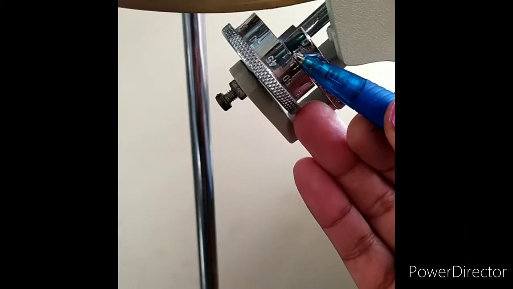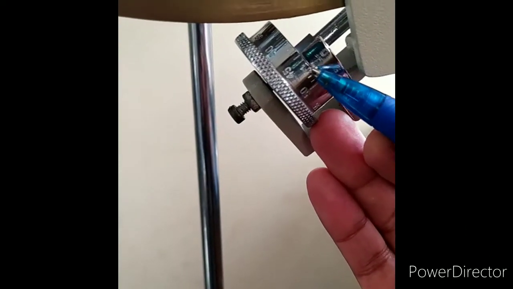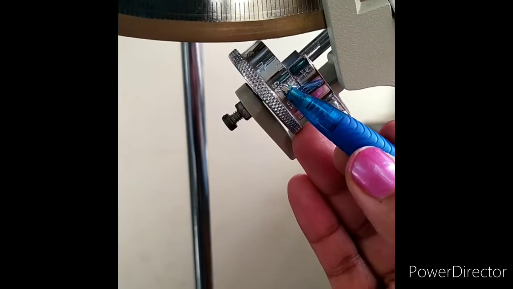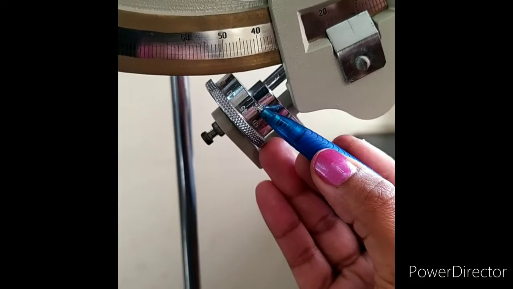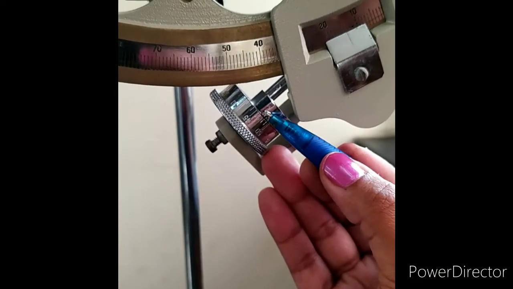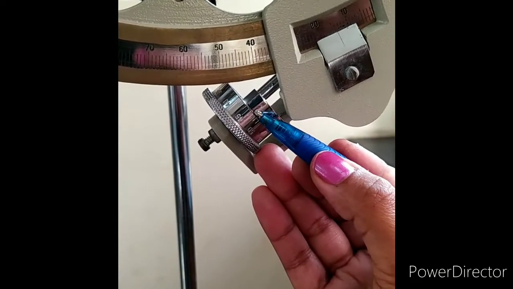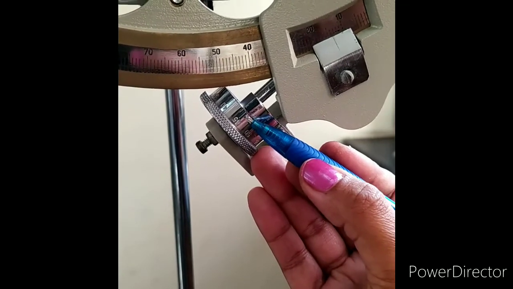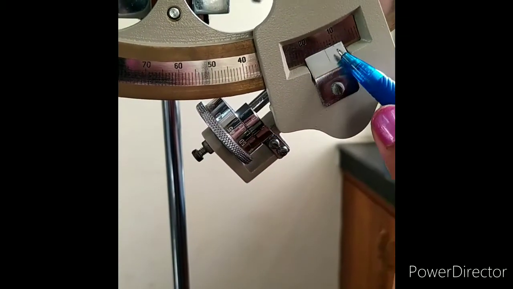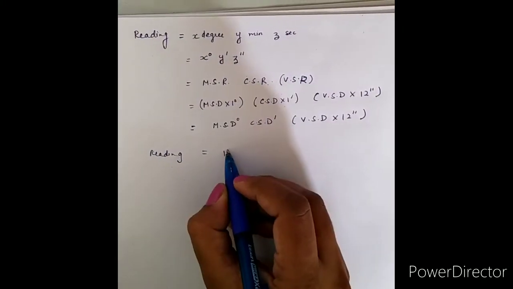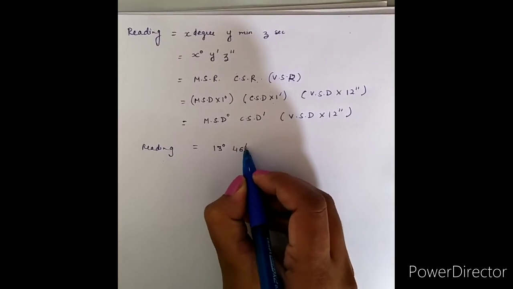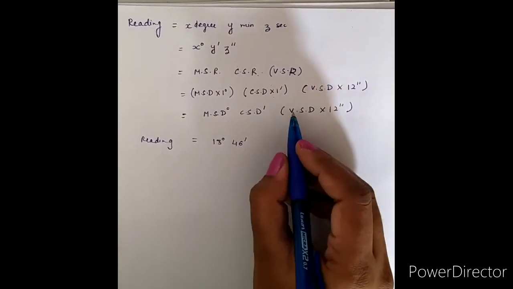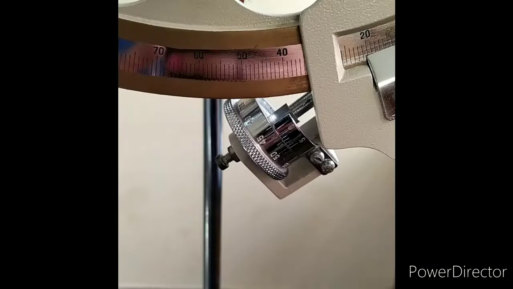The 0 of the vernier is here, so correspondingly 45, 46, 47. It will be 46, because we have to take the one before this 0. So the main scale reading is 13 degrees 46 minutes. Let's see what the value is for the vernier scale division.